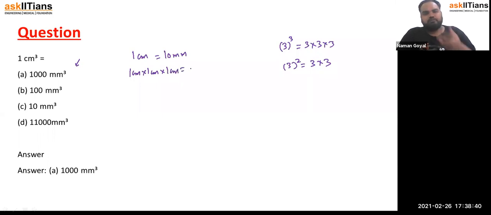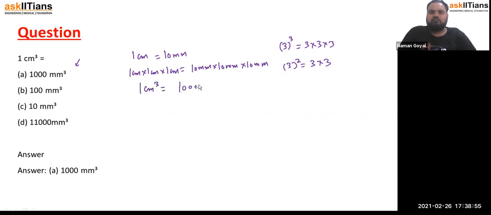So it becomes 10 millimeter into 10 millimeter into 10 millimeter. So 1 centimeter cube is equal to 1000 millimeter cube. Are you getting my point? This is cube.